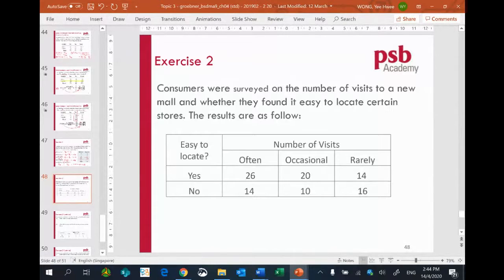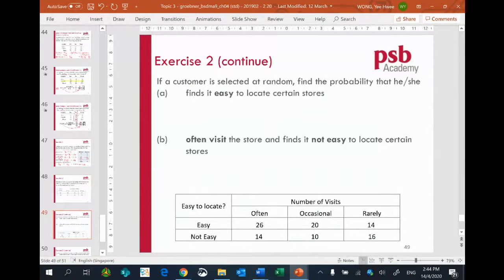Now let's look at what question can be asked from this data. You're going to pick up a customer. What's the chance that this customer finds it easy to locate certain stores? Easy. How many easy? Only easy. We don't care whether it's often or occasional or rarely, just easy.